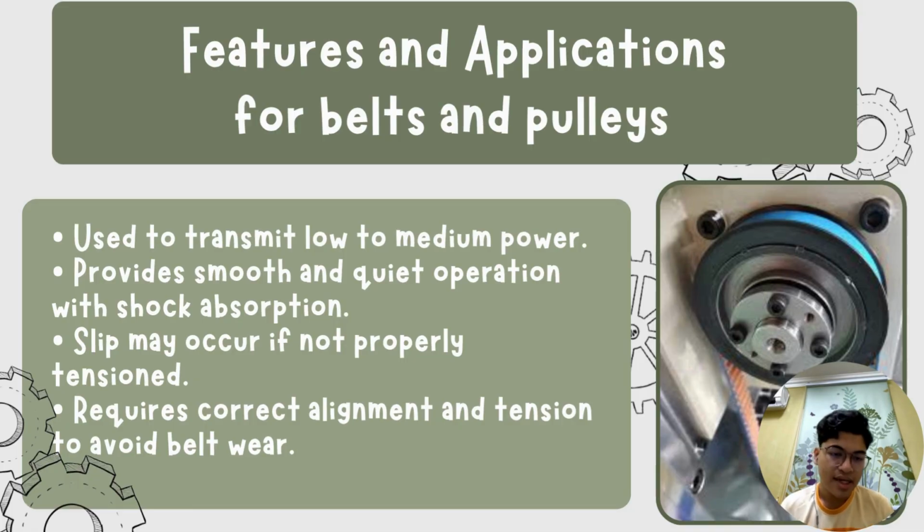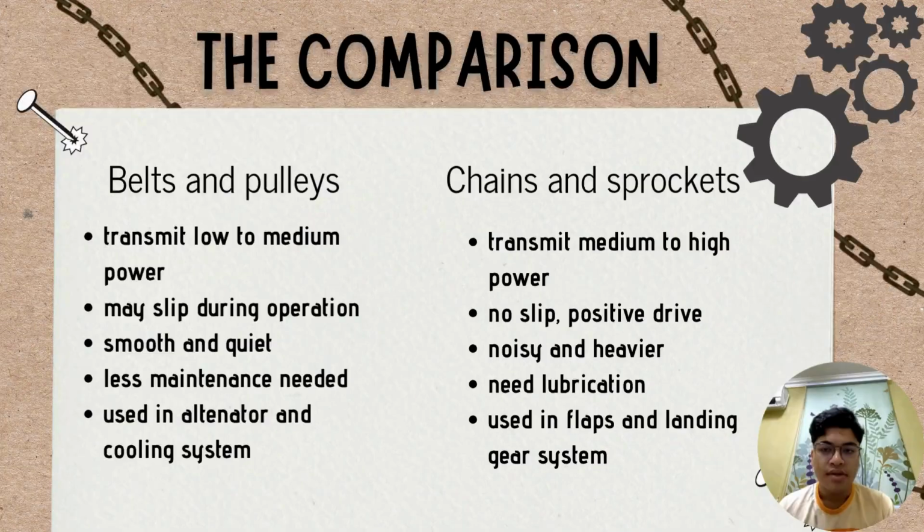Next, let's look at the comparison between chains and sprockets and belts and pulleys. To compare the two, chains and sprockets transmit medium to high power with no slip, while belts and pulleys handle low to medium power but may slip sometimes.